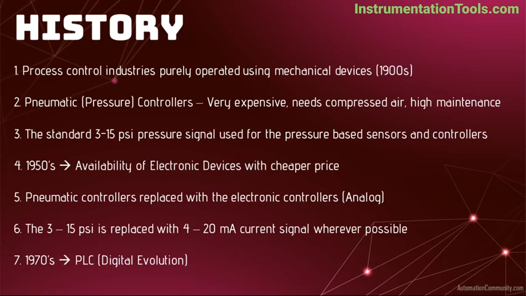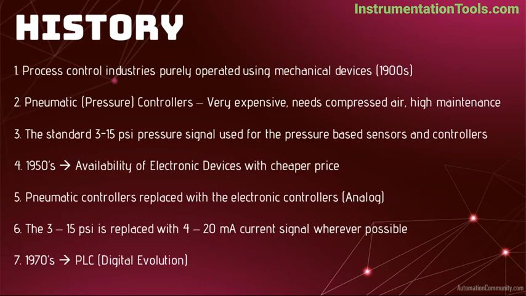The 3 pounds per square inch represents 0% of the measured process variable. The 15 pounds per square inch represents 100% of the measured process variable. Pneumatic devices are bulkier, need compressed air for operation, higher maintenance costs, and takes more time for troubleshooting and repair.